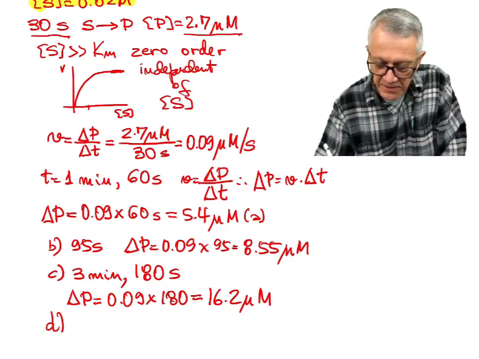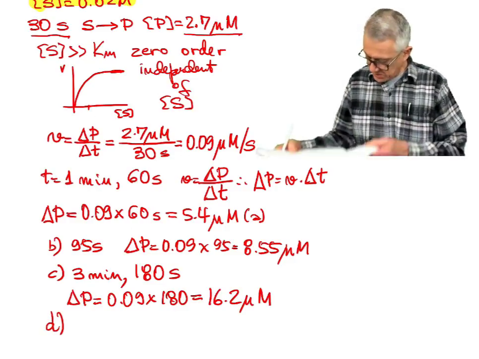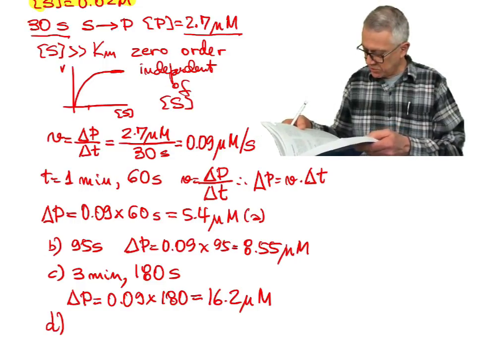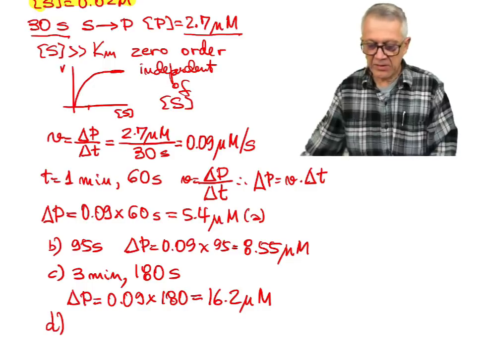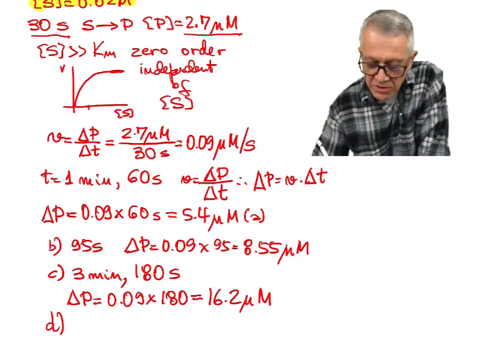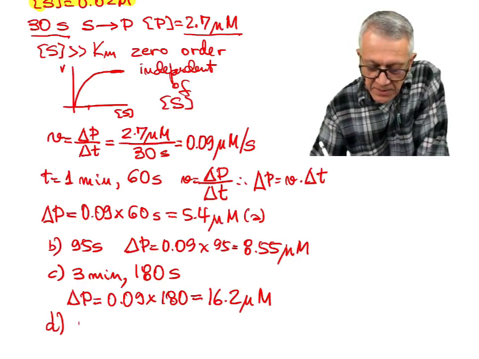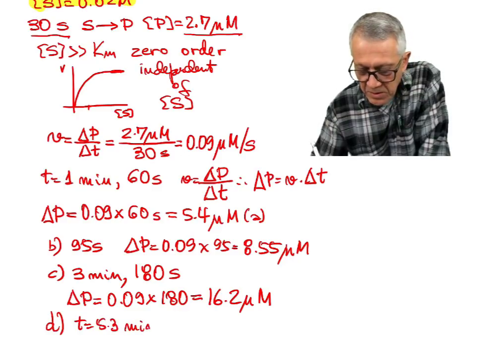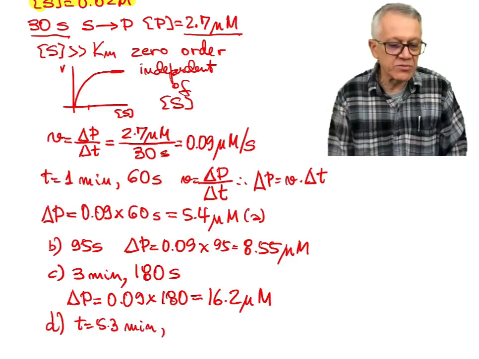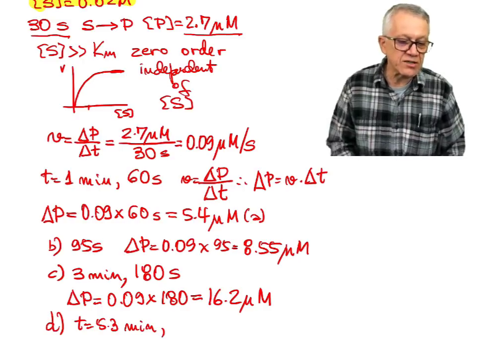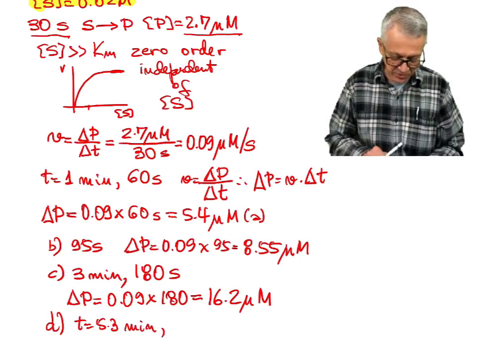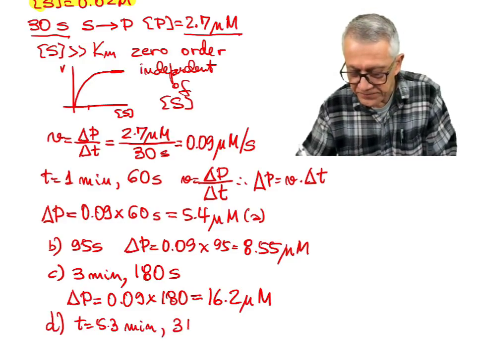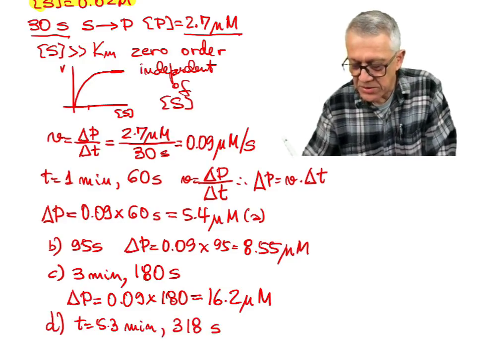All right. So D is asking for 5.3 minutes. We first of all multiply this by 60 to get seconds, right? 5.3 times 60 is going to be 318 seconds.